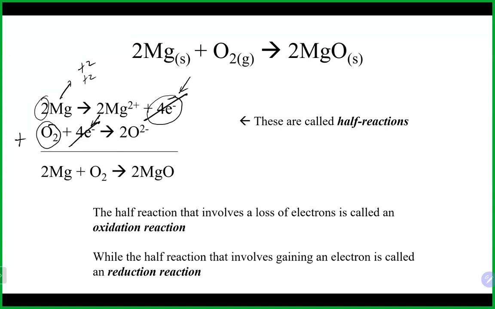You can kind of think of the arrow like an equal sign, so kind of subtracting them away from each other. Everybody on the left-hand side stays there, so magnesium and oxygen on the left. On the right-hand side, 2 ions come together to make an ionic compound, so basically the magnesium and the oxide come together to make your magnesium oxide. All right.